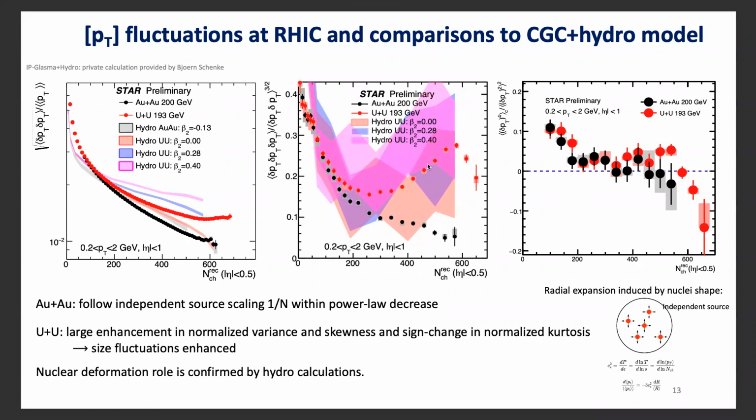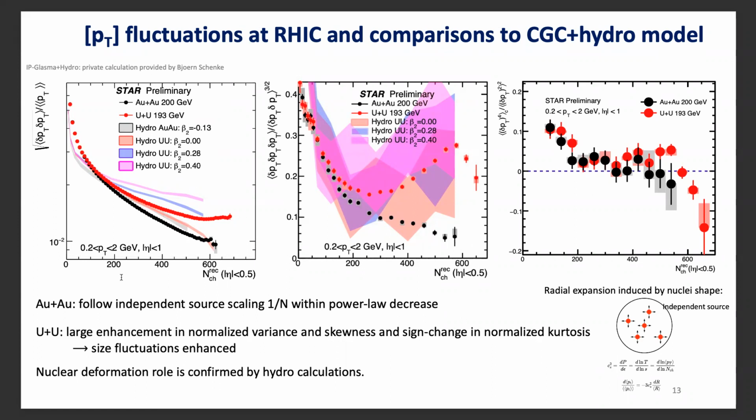So there is a large enhancement, and this is due to the deformation, as I mentioned in the previous slides. If there is no deformation, this fluctuation roughly scales with the number of sources, which is 1 over n in the variance and 1 over square root n in the kurtosis.